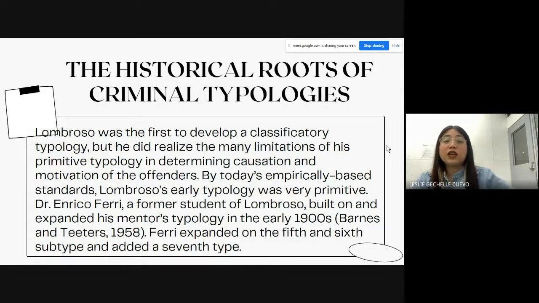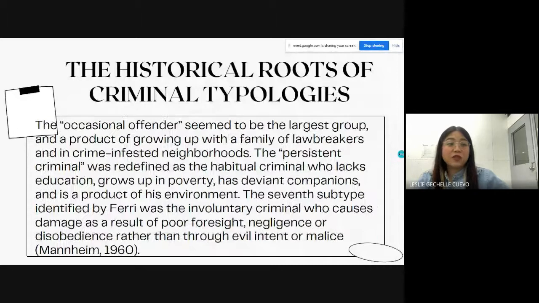Dr. Enrico Ferri, a former student of Lombroso, built on and expanded his mentor's typology in the early 1900s. Ferri explained the fifth and sixth subtype and added a seventh type. Okay. So, si Ferri ay estudyante ni Lombroso at in-expand niya yung gawa ng prof niya.